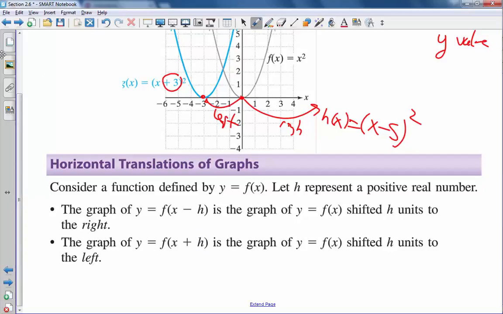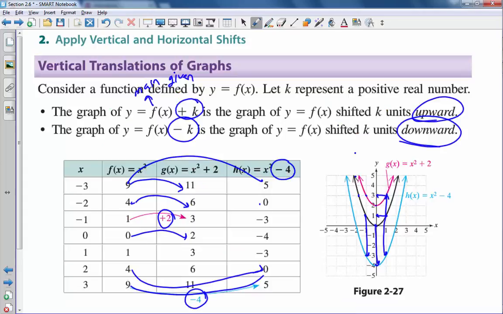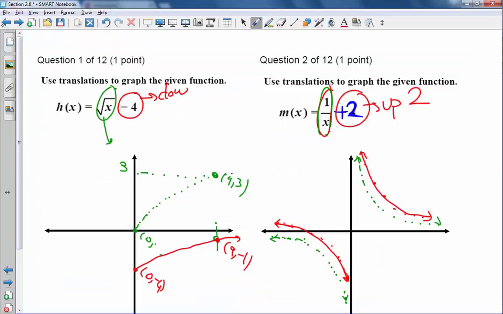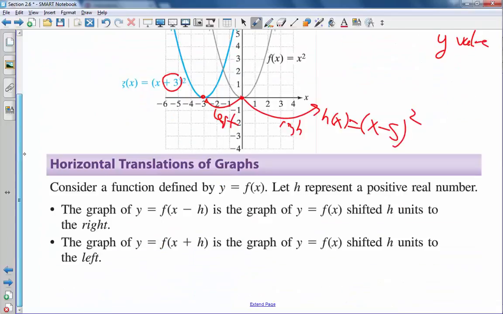It's no longer like in this description, where the number was added to f: you compute f first and then you add a number. Here, the number is incorporated into x. It's affecting x values. If you have a plus number, it shifts left. If you have a minus number with x, then you shift right. Got it?